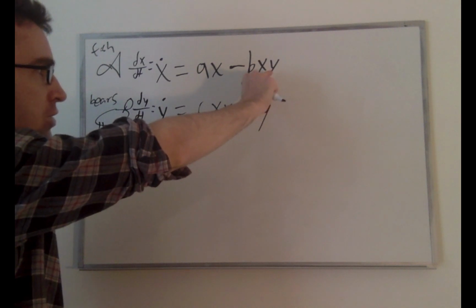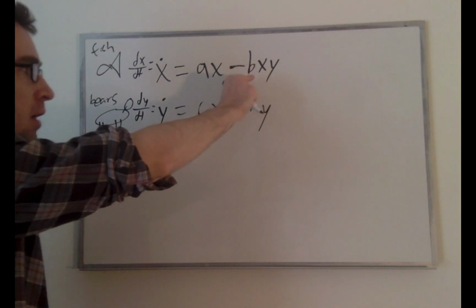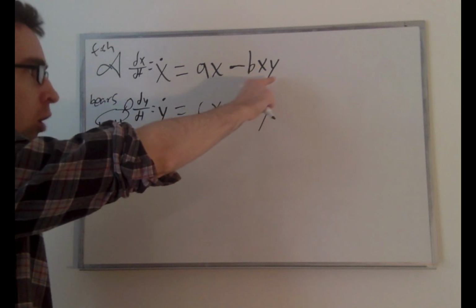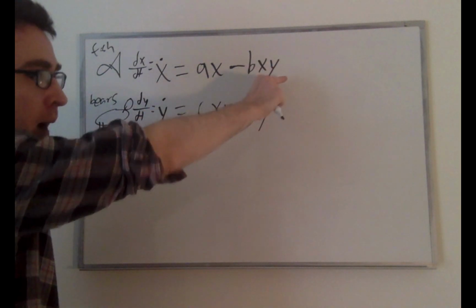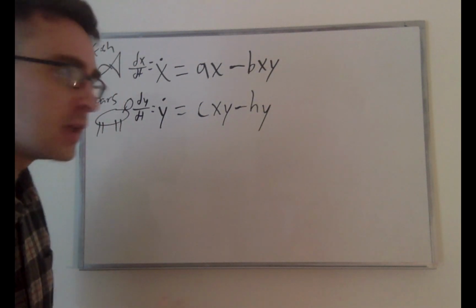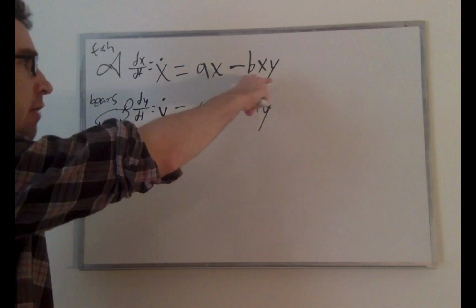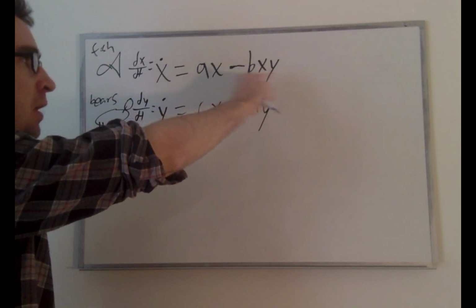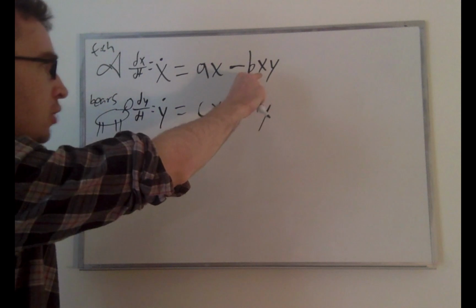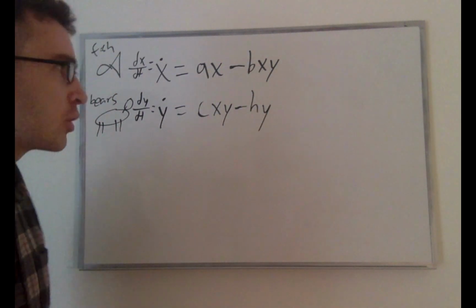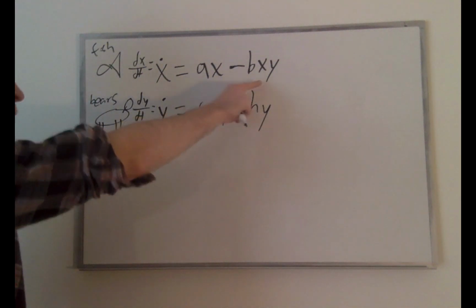We have a constant parameter b, and the death rate for the prey also depends on the current level of the predator population, because the thing that's killing off the prey is being eaten by the predators. So that's why we also have y in this death term, because it depends both on the current level of the prey population and on the current level of the predator population. And then we have this constant parameter b.